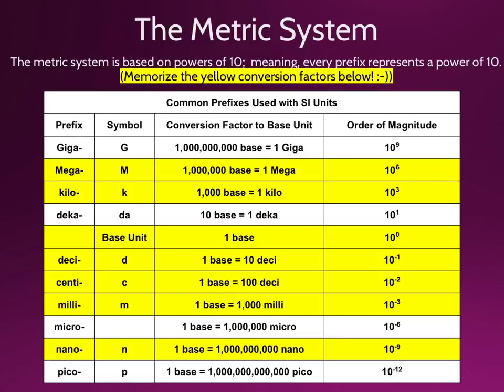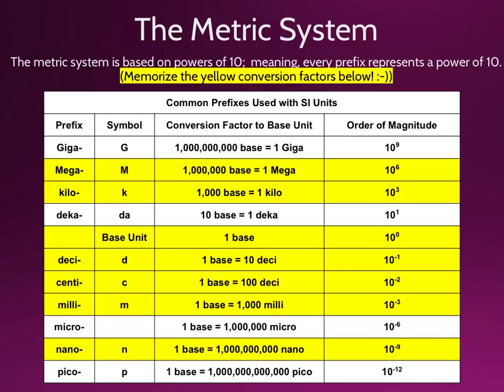So these are some of the common metric system conversions that we're going to be using. Everything highlighted in yellow is something that you need to memorize. They will not be provided for you on a test, but you will need to be able to convert between them. So I highly, highly, highly recommend using flashcards for this, because you will need to know the conversion factors in order to calculate.